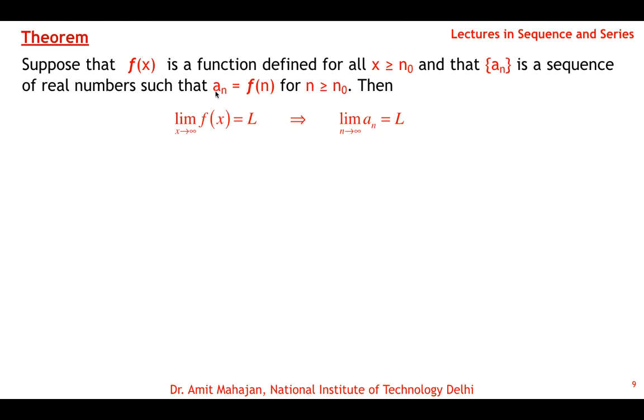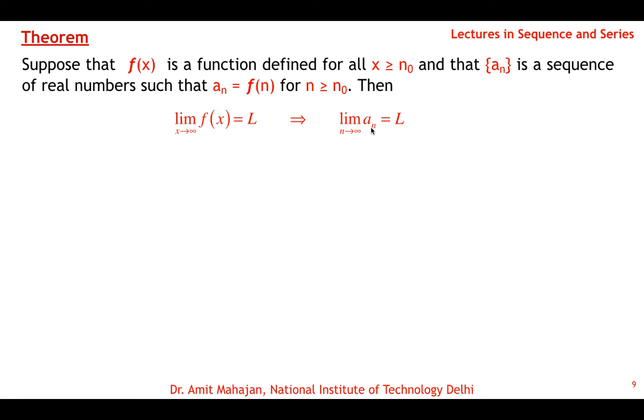So the points of this sequence lie on the curve f(x) for all n greater than or equal to n naught. Then the limit as x tends to infinity of f(x) equal to L implies that the limit as n tends to infinity of a_n equals L. So if the function converges to L, then the sequence also converges to L.